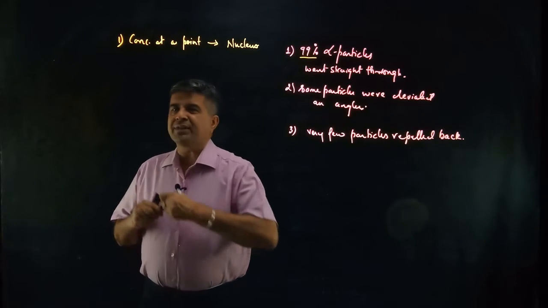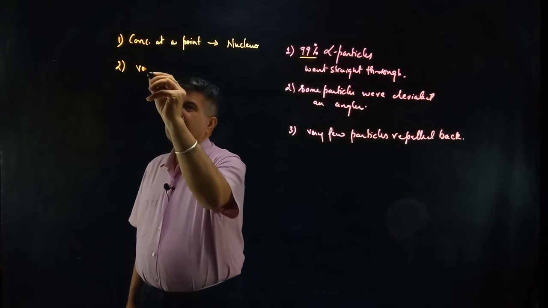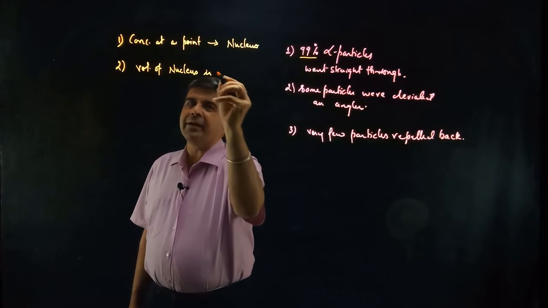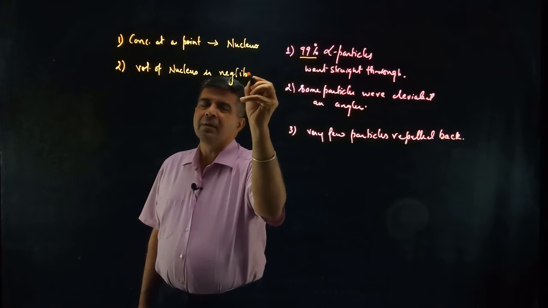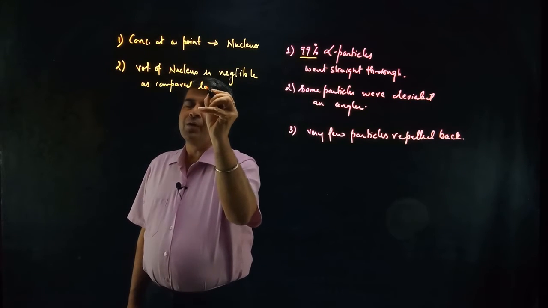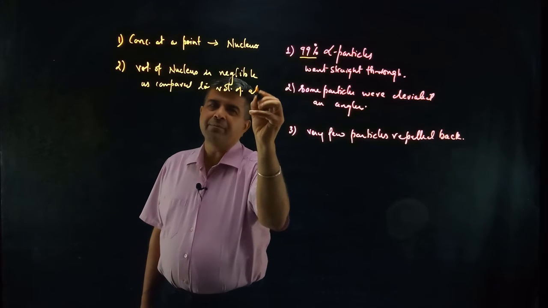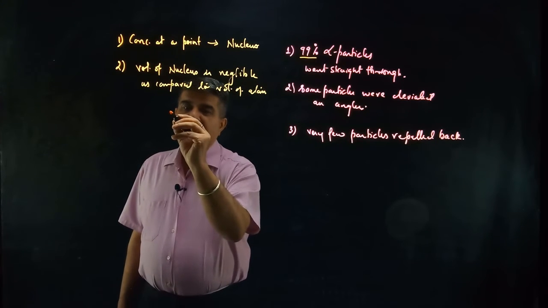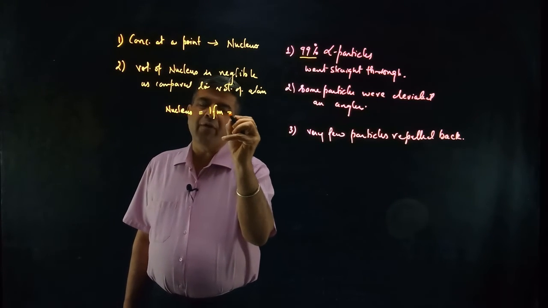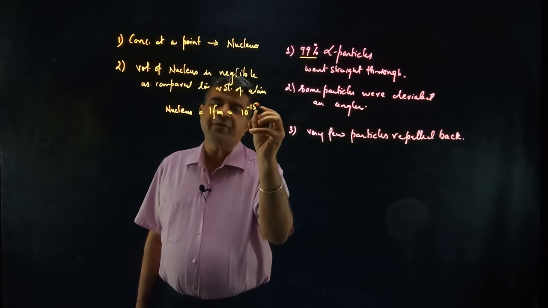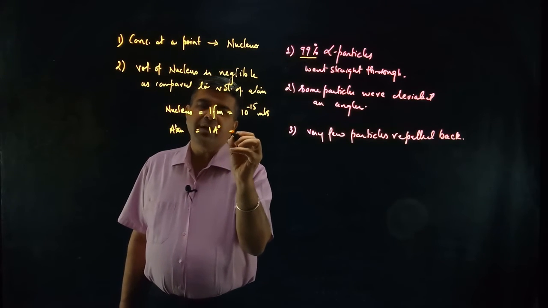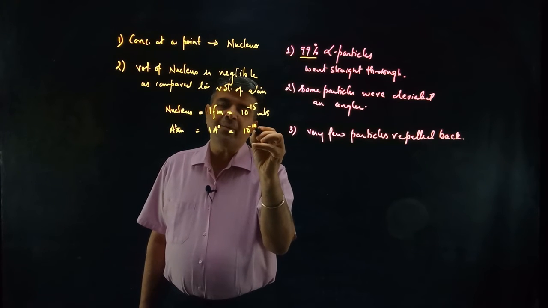Now the second conclusion was that the volume of the nucleus is negligible as compared to the volume of the atom. The diameter of the nucleus is 1 fermi, which is 1 into 10 raised to power minus 15 meters, while for an atom the diameter would be 1 angstrom, which is 10 raised to power minus 10 meters.